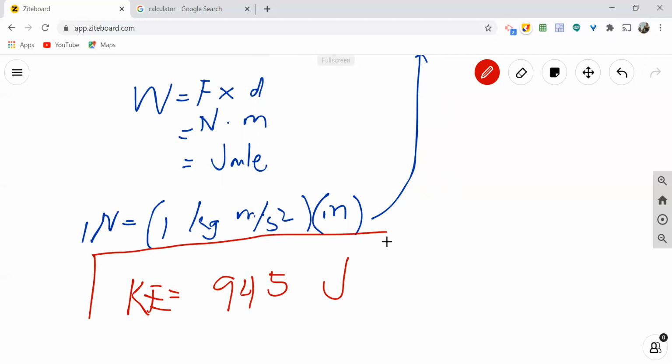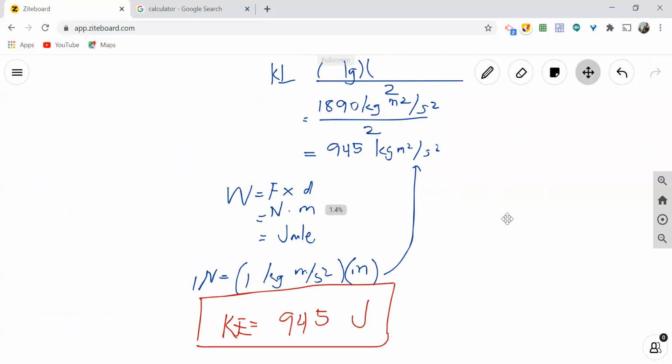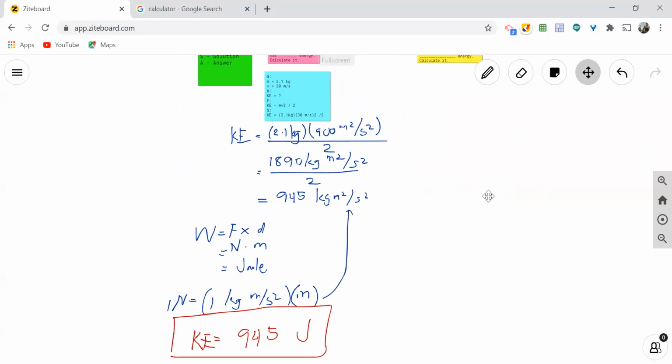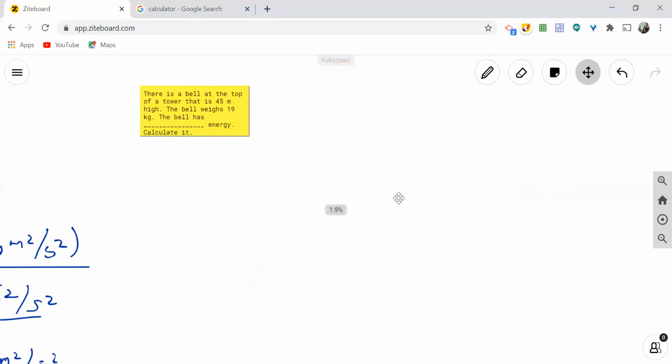So that's it. It is just the same units with work and energy. All right. So that's it. We're going to look at our first problem. Okay. So that is for kinetic energy. Let's proceed with the next.